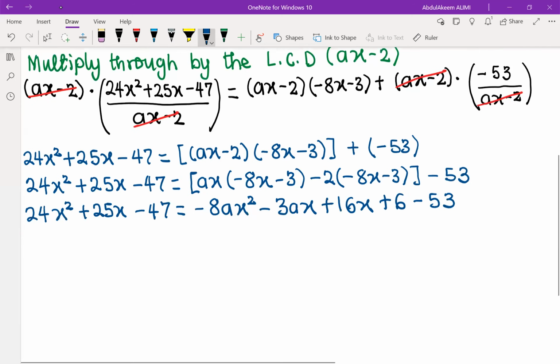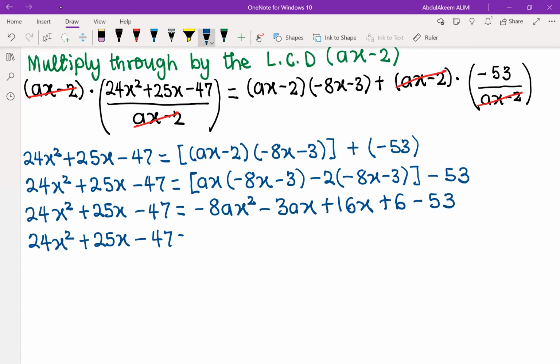So let me write further. I'll be having 24x squared plus 25x minus 47 equals minus 8ax squared plus, since x is common here, minus 3a plus 16 times x, plus 6 minus 53.